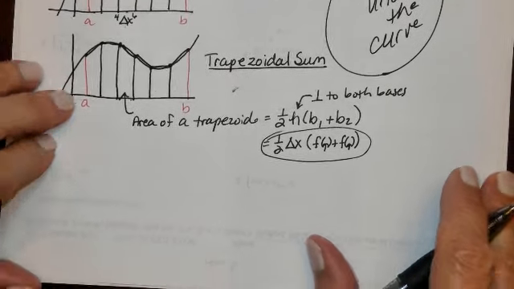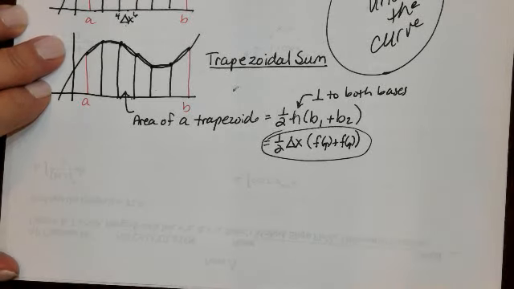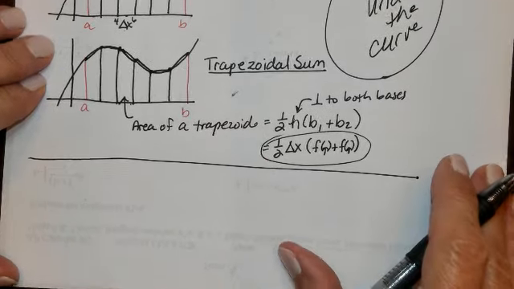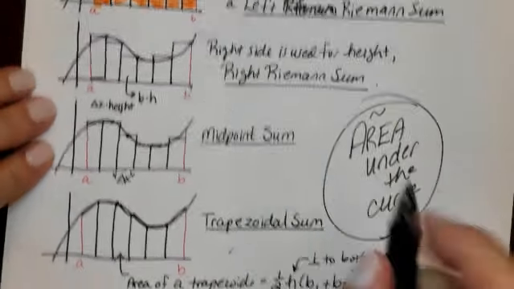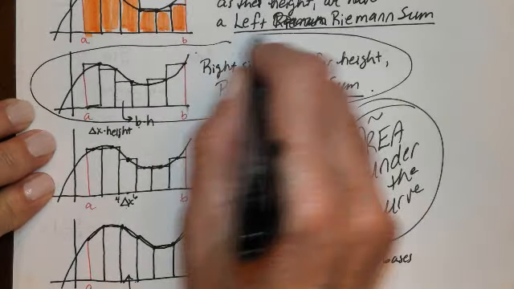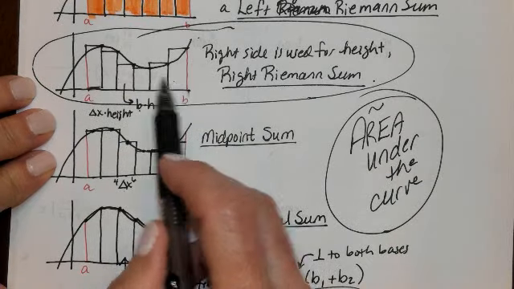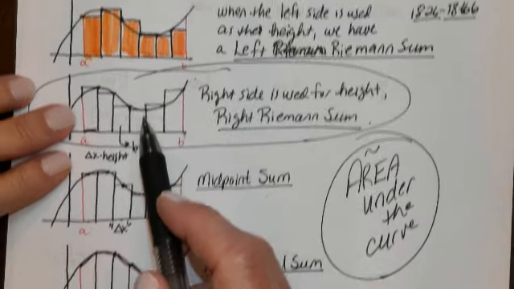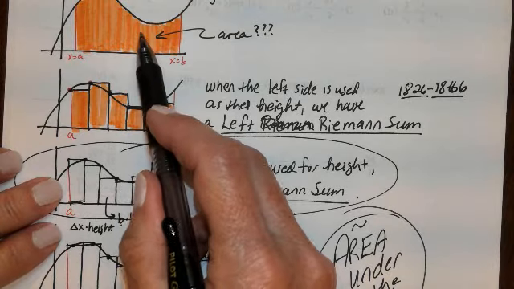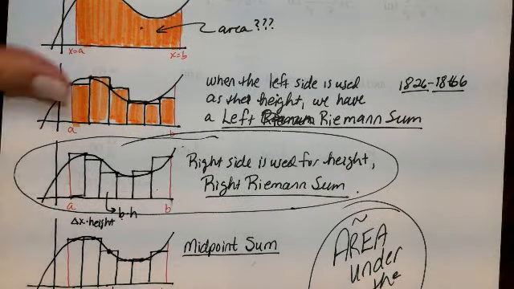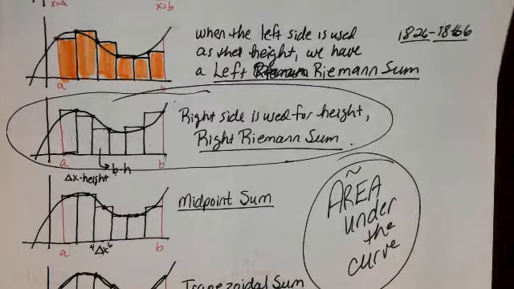All right, so before we do examples of that, let's think about this. Let's come back here to this right Riemann sum. How could we make this right Riemann sum a better approximation for this area under the curve? And of course, the answer is we use more rectangles.